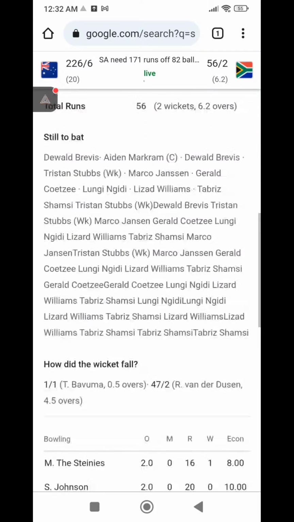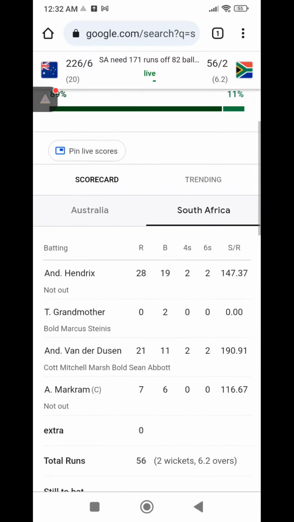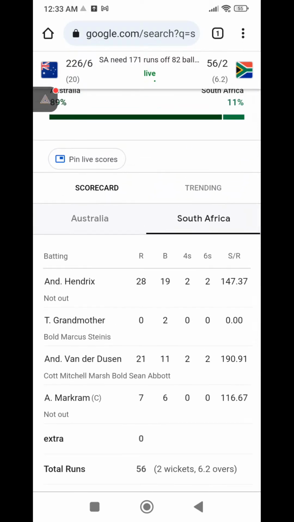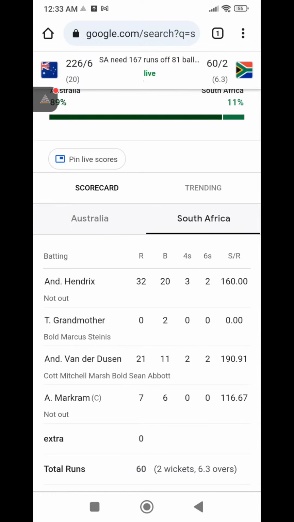56 for the loss of 2 wickets in 6.2 overs. 60 for the loss of 2 wickets in 6.3 overs. South Africa need 167 runs off 81 balls.